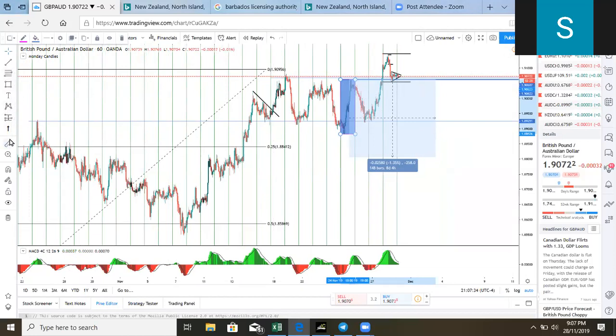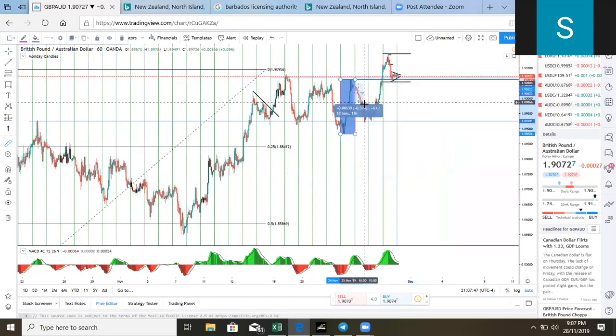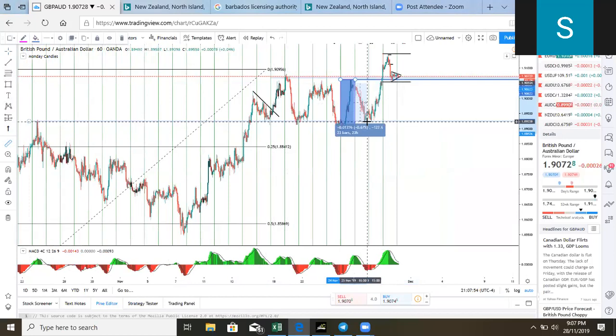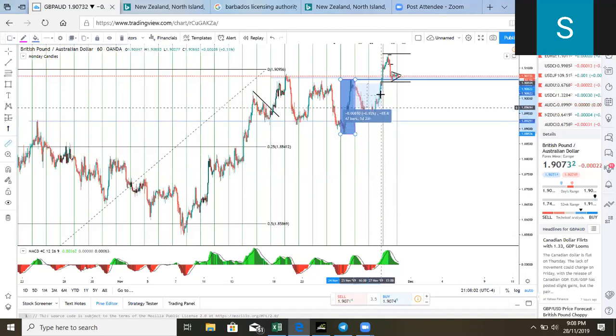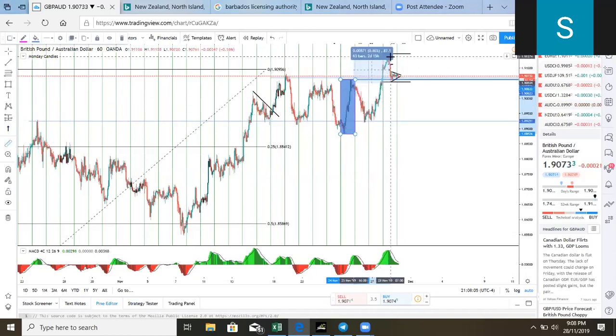So when the market broke out at first and came back down, it hit previous resistance here, and it came back down. The market came back down to that support, 128 pips, right? And that was Tuesday. Wednesday, roughly the same, 128 pips plus, and it went further.